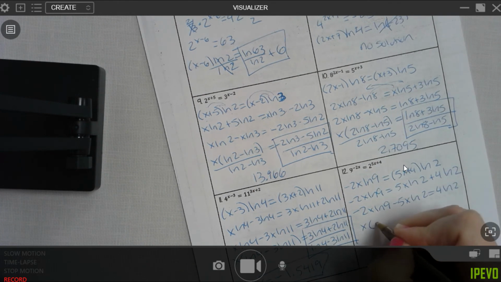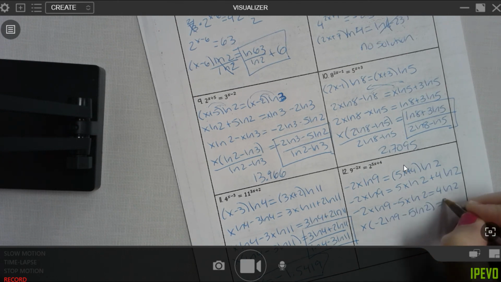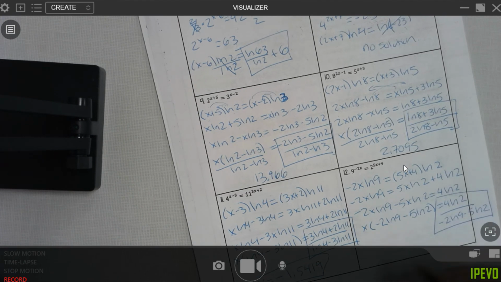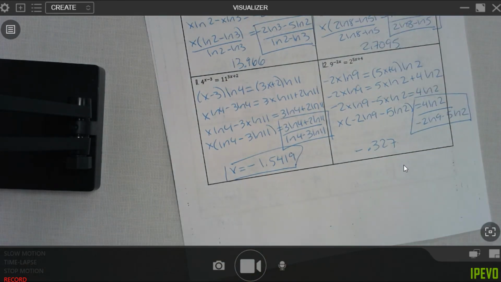Want my x. So just the same process over and over again.